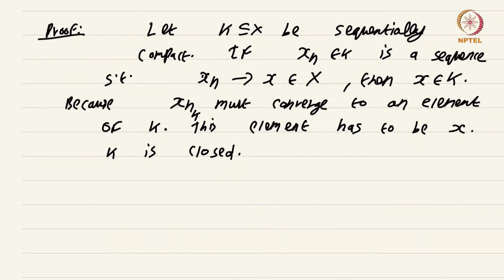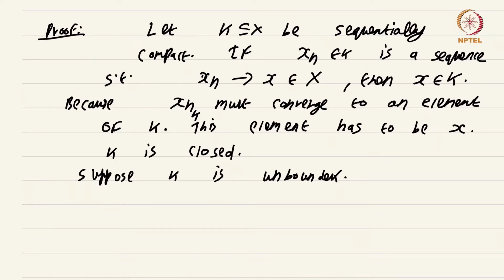To show boundedness, suppose K is unbounded. What we are going to do is construct a sequence in K that cannot possibly have a convergent subsequence, which will violate compactness. Therefore K must be bounded.